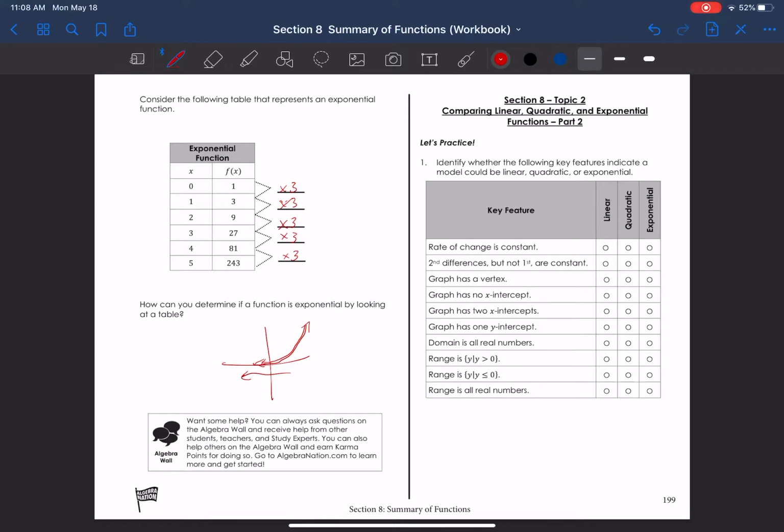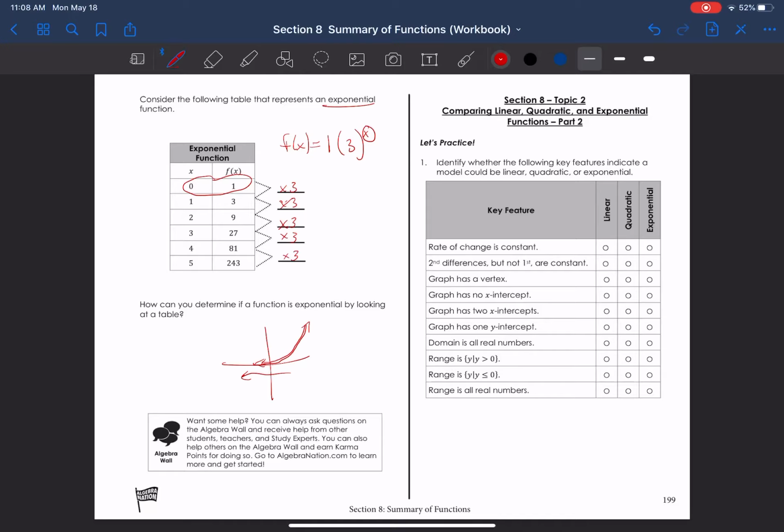And it will look something like this. f of x equals, you're going to have your y-intercept, which in this case is 1, and then it's going to be multiplied by whatever your common ratio is, so 3 to the x power. So that would be basically what you're looking at there. If you see something to the x power, you know it's exponential.